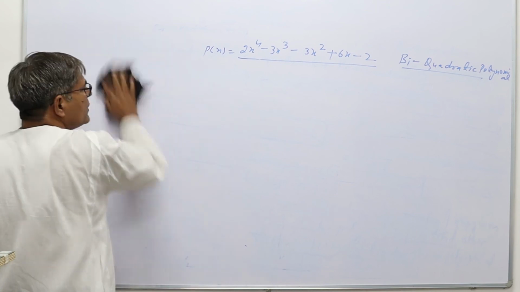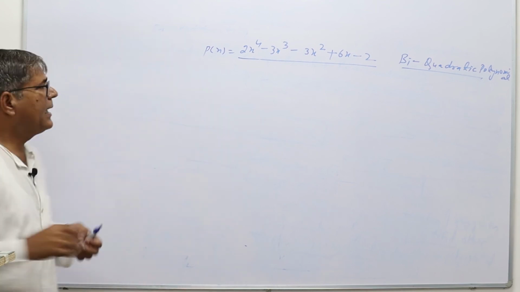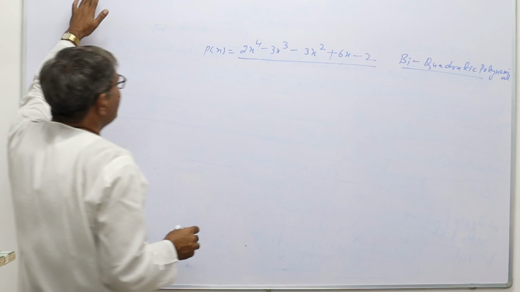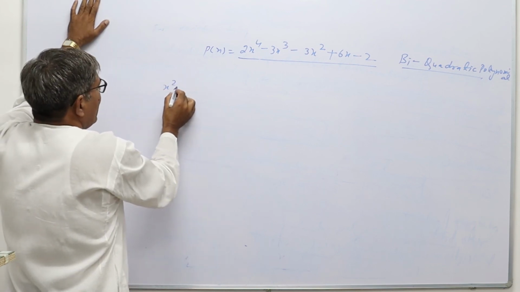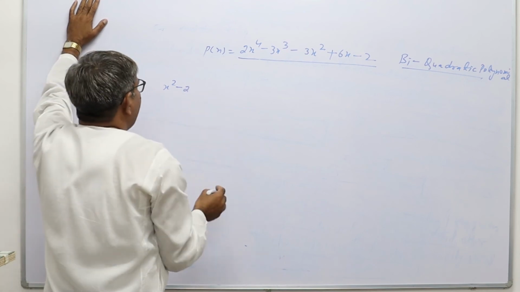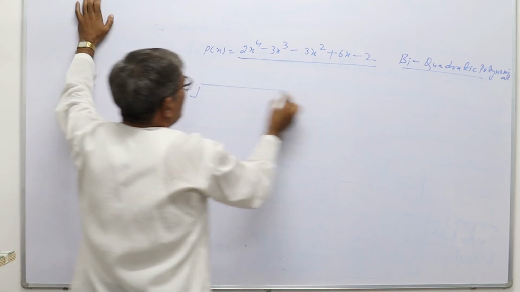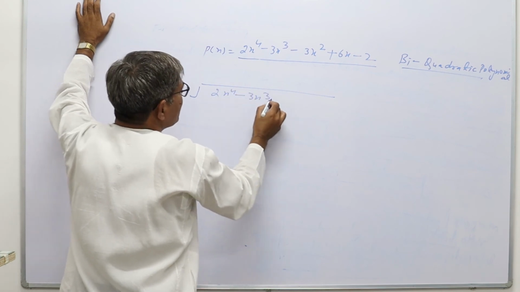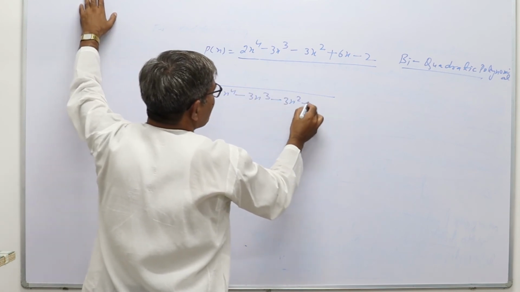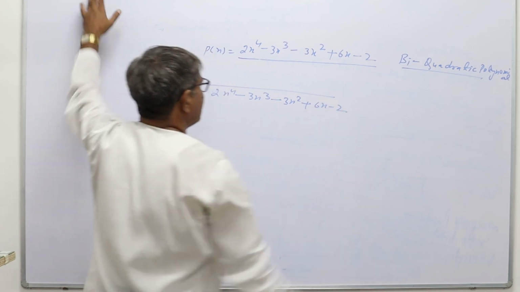Out of 4, 2 zeros are already given. So to find the other zeros, we will divide this polynomial by x square minus 2. So 2x power 4 minus 3x cube minus 3x square plus 6x minus 2.